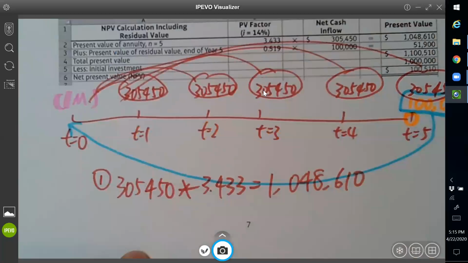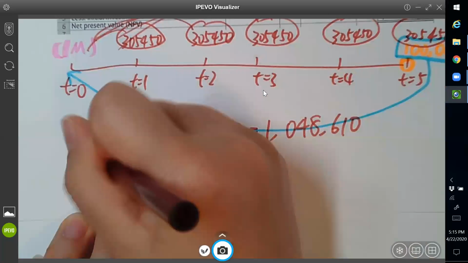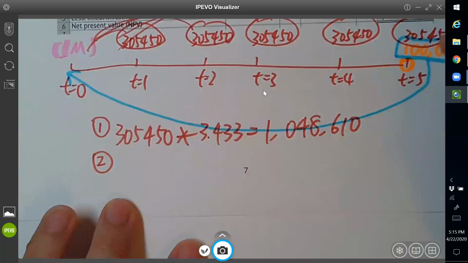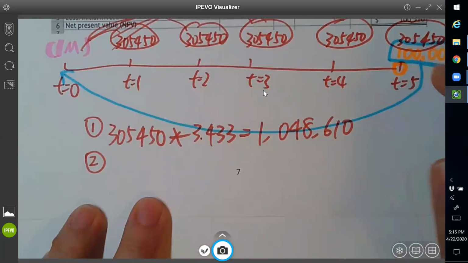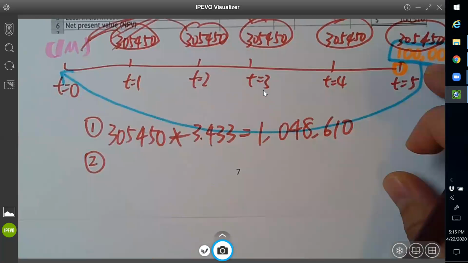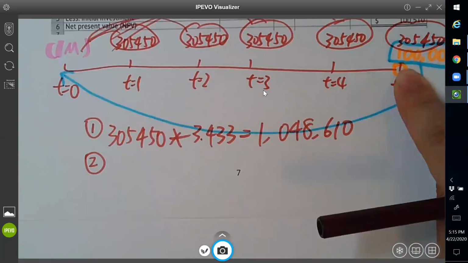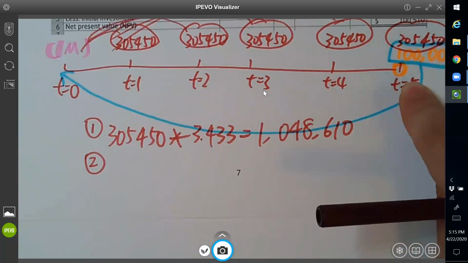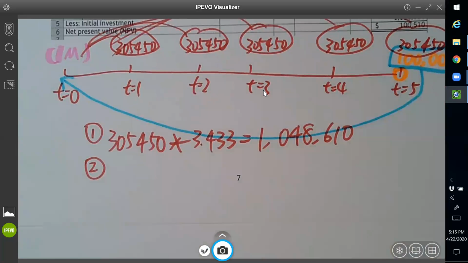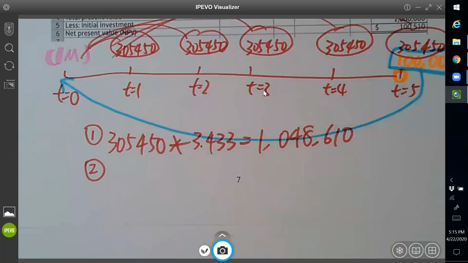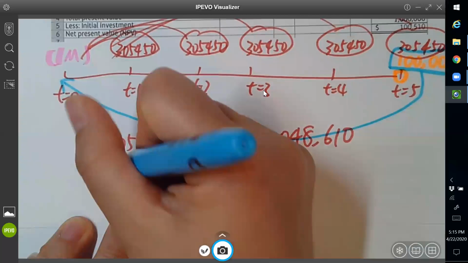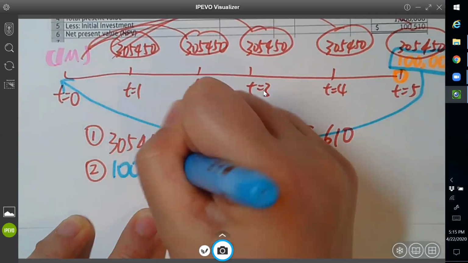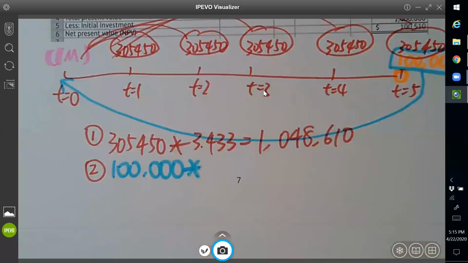Then you need to discount the second set of the cash flow only one time. At the end of the 5th year, you get a one-time 100,000.